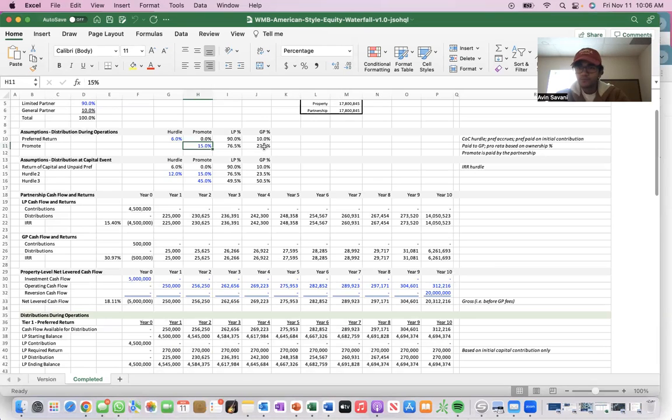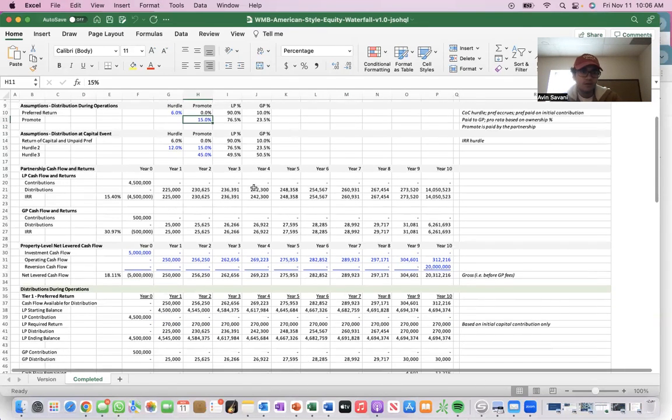Whether you're doing a cash on cash hurdle or an internal rate of return hurdle, that all is synonymous with what underwriting you have done in your overall underwriting for the project. So keep these tabs separate for now because it's an important subject. You don't want to confuse it with all of the other stuff that I just showed you through the underwriting.